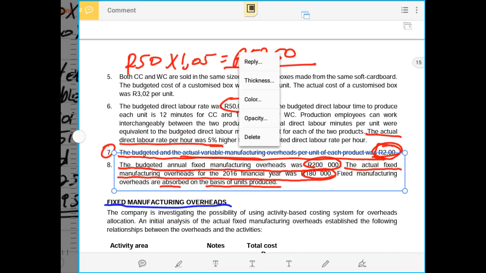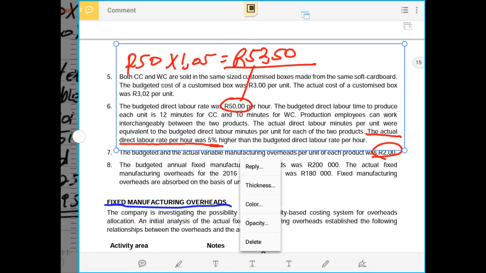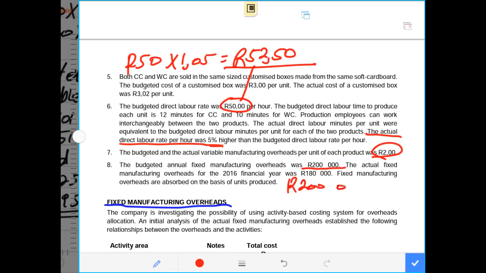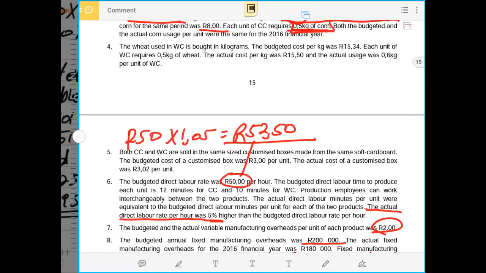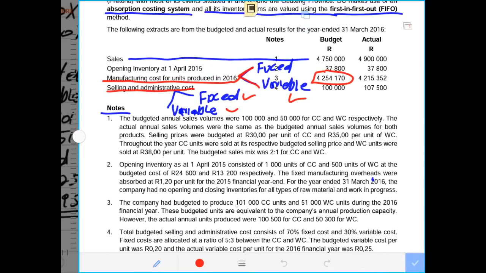So now our POR is calculated using the number of units that were budgeted to be manufactured. In calculating the POR for this fixed cost, it will be based on 200,000. We have to divide this by the total of 101,000 units plus 51,000 units, because these were the units that were budgeted to be manufactured.